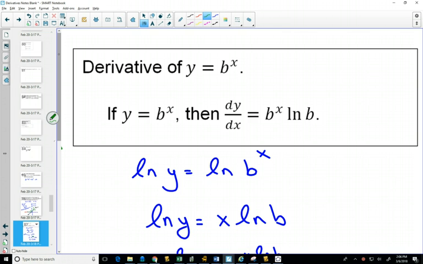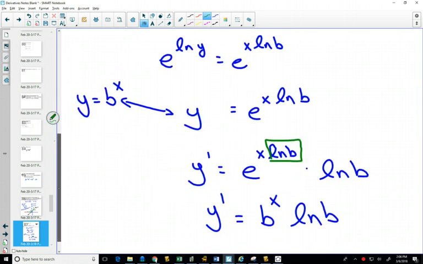So when we're looking down here, natural log of b is some number, some constant. If you had 7x here, the derivative of 7x would be just 7. So whatever this number is, the derivative of this number times x would just be that number when you do your chain rule.